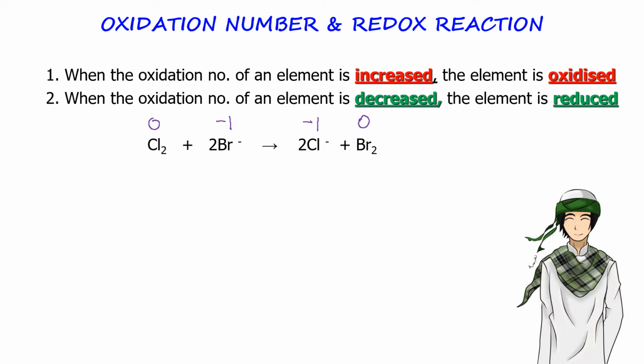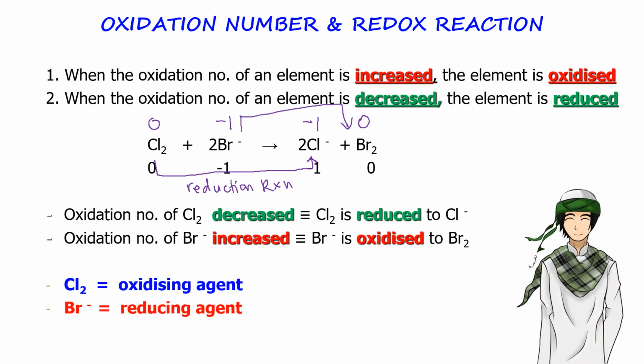Here you can see that chlorine will undergo reduction reaction because the oxidation number is decreased, from 0 to -1, while bromine will undergo the oxidation reaction. So the chlorine itself will act as an oxidizing agent, while bromide ion will act as a reducing agent.